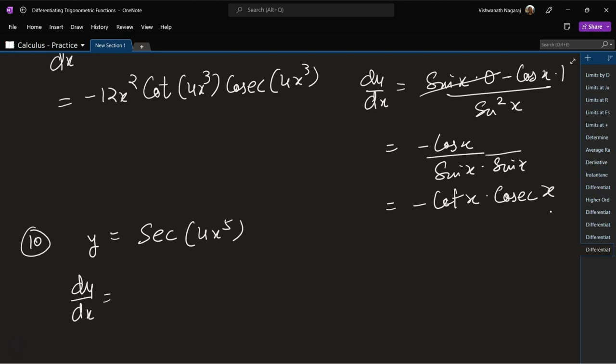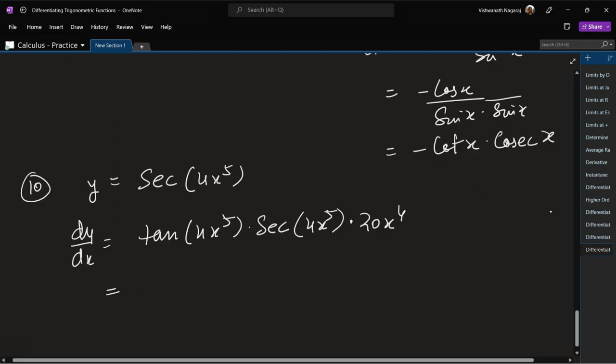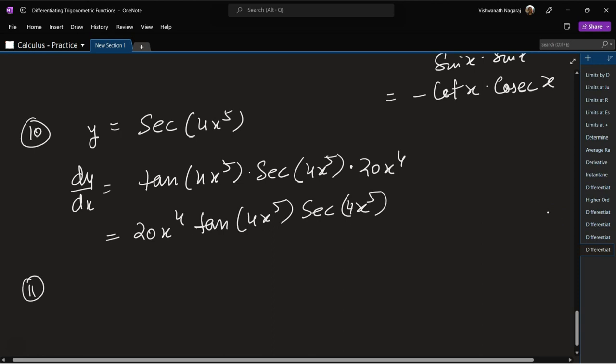So based on that we can write tan of 4x to the power of 5 times sec of 4x to the power of 5 times 20x to the power of 4, which gives us 20x to the power of 4 tan 4x to the power of 5 and sec 4x to the power of 5. Okay, 11th one. Y is equal to tan of 4x 4.